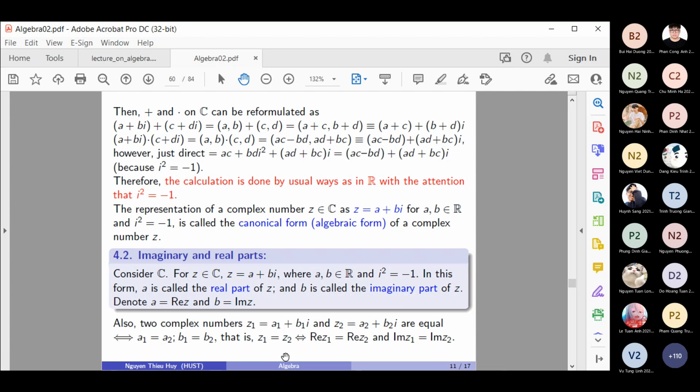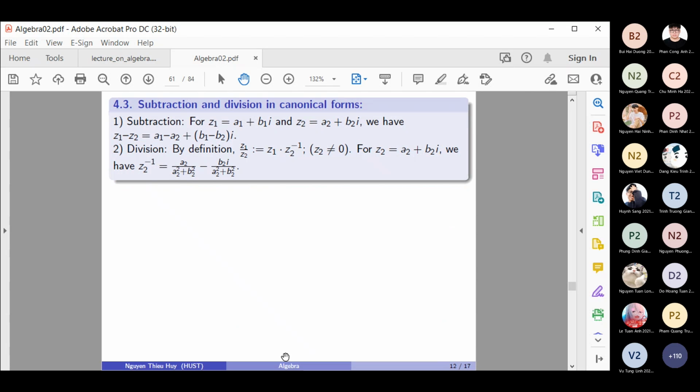Good. This is simple. And what I want to tell you more is that subtraction and division in canonical forms can be done in the same way as in R. There's no need to tell you because you know how to do this now. But let's pay attention to division. Subtraction is done in the same way as in R, so you just put i as common factor and everything goes smoothly, right?